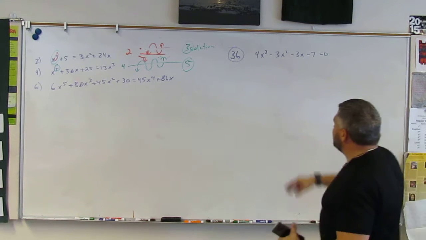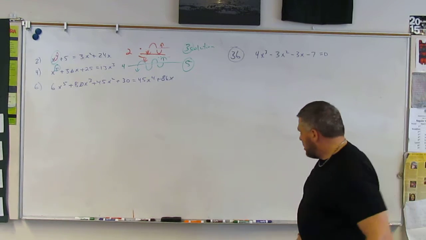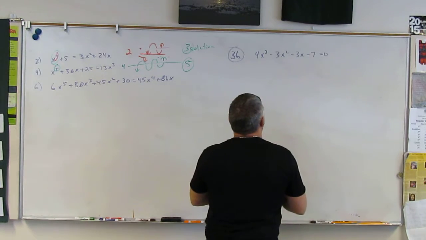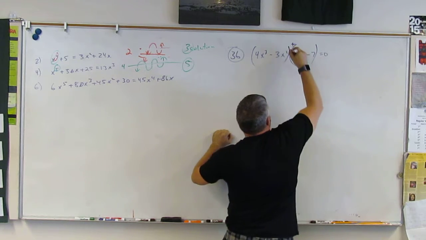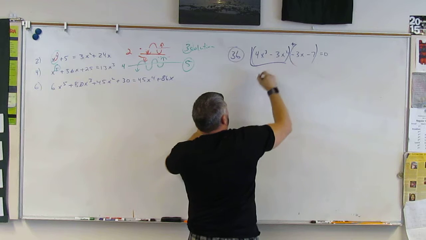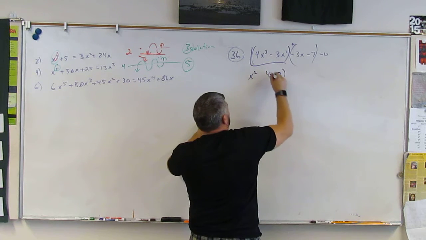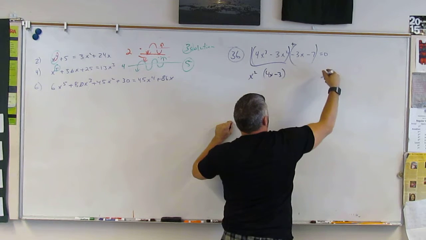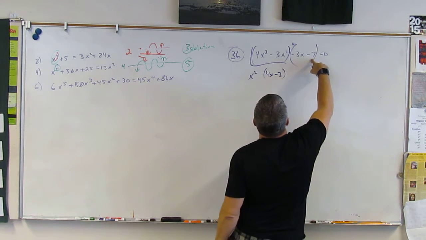Alright, this last one. You have to find the solution by factoring by grouping. Boom, boom, boom, boom, plus. So that means, what goes into both of these? X squared. How many times? 4x minus 3. What goes into both of these? Is that a 3? No. 7.